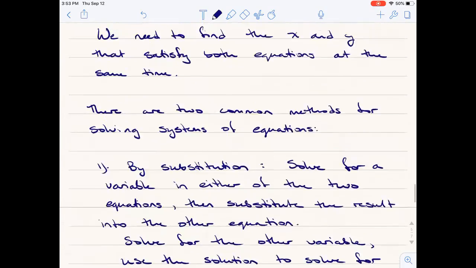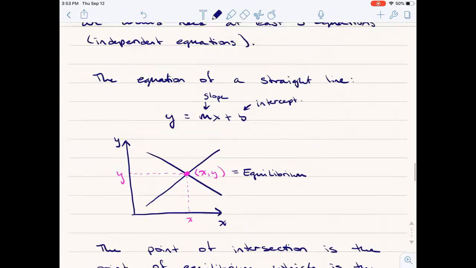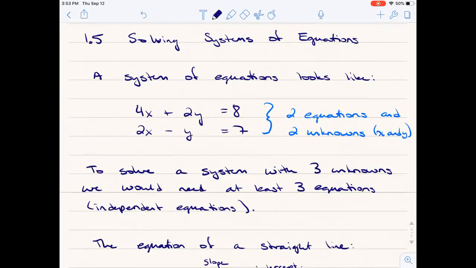So by elimination, it's just easier if I show you here. What I can do is multiply, as long as I multiply the entire equation, by some number, right? For example, if I multiply this top equation by 2, nothing's changing.